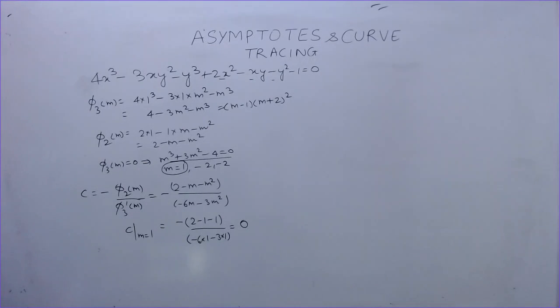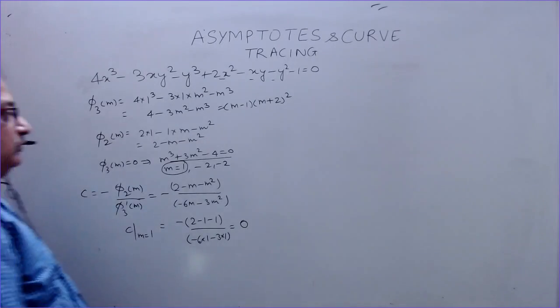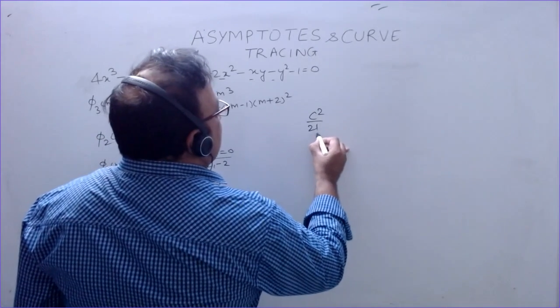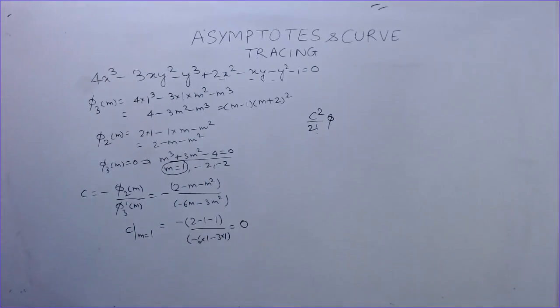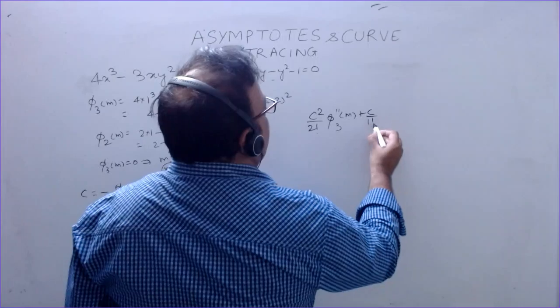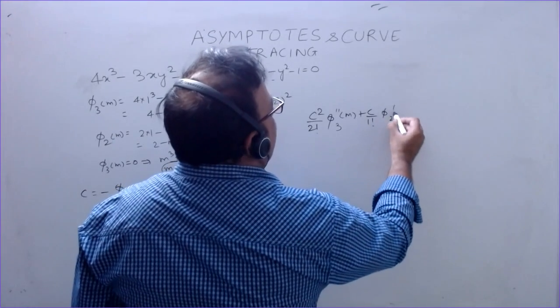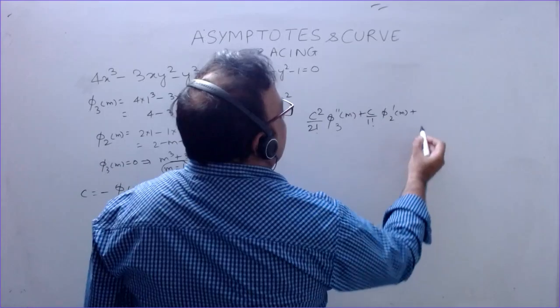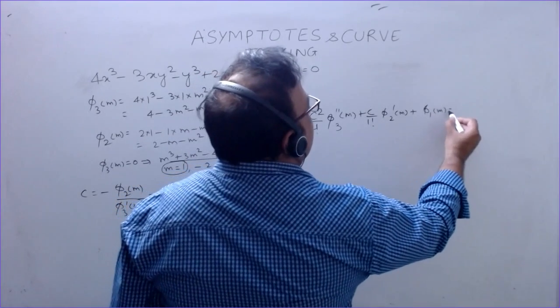Now we have to find the value of c for the two asymptotes which are parallel to each other. For that, we will use the equation which I told you about just now: c square by factorial 2 phi 3 double dash m plus c by factorial 1 phi 2 dash m plus phi 1 m equal to 0.